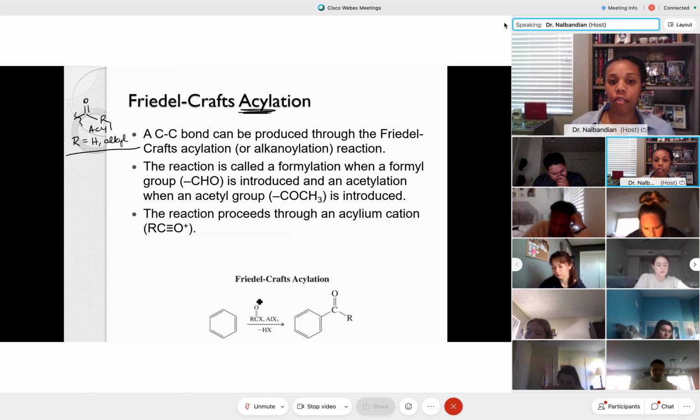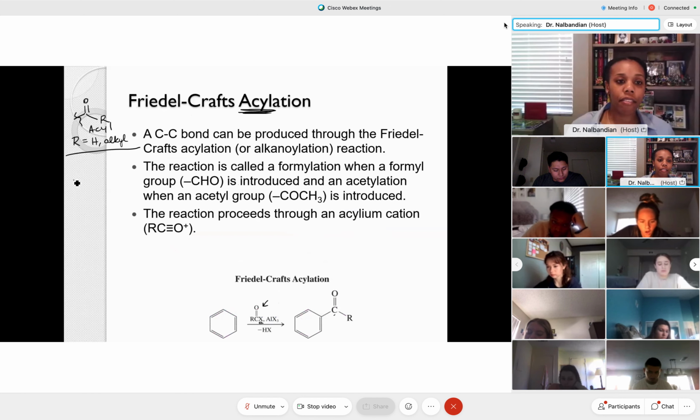In this reaction, we have our benzene ring, and a carbonyl carbon attached to a halogen that reacts to make this carbonyl carbon bond to the benzene. We add an acyl group to the benzene ring.